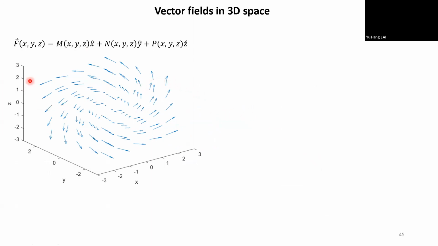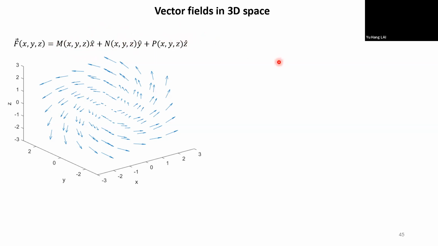If I have a vector field in 3 dimensions, I can always write it with 3 components like this, some scalar function for each component. So x hat, y hat, and z hat. The 3 components, I call them M, N, and P.